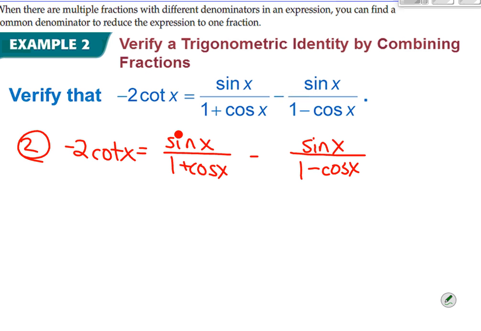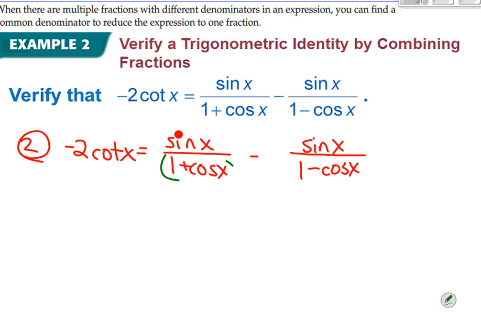So, Adam, do you think I should start with the right side working or the left side? The right side, because we know things we can do here. This is just kind of would be a guess of what we would try to do. And any thoughts on how to get a common denominator? Lewis, what are we going to do to get a common denominator? Okay, our common denominator is going to be multiplying the bottoms together.